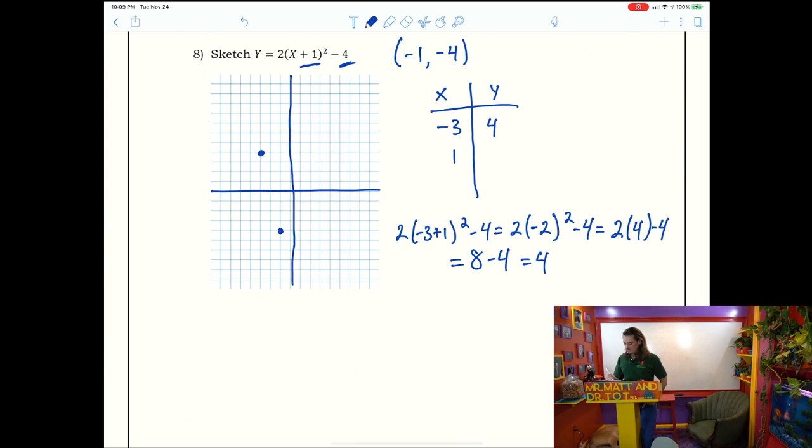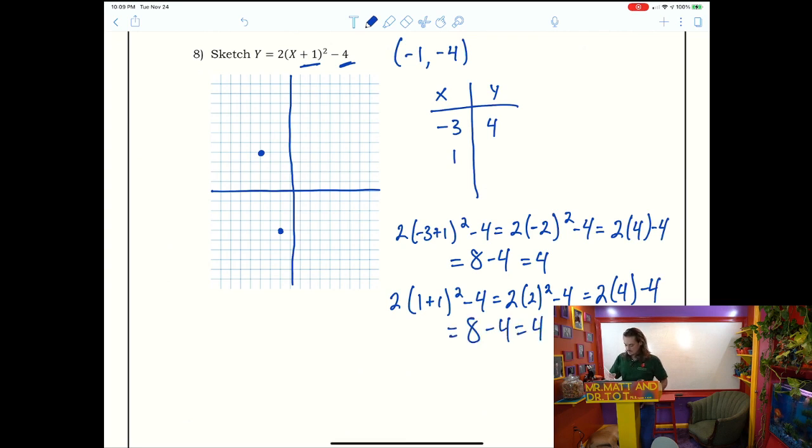And now let's test +1. So I'm going to get 2 times 1 plus 1 squared minus 4. That's going to be 2 times 2 squared minus 4, or 2 times 4 minus 4, or 8 minus 4, which is 4 as well. So when x is equal to +1, y is equal to +4.